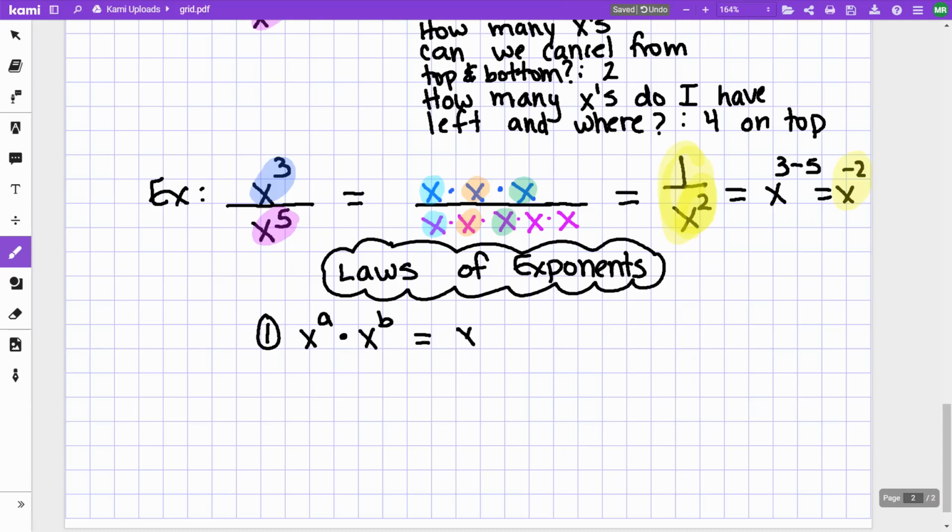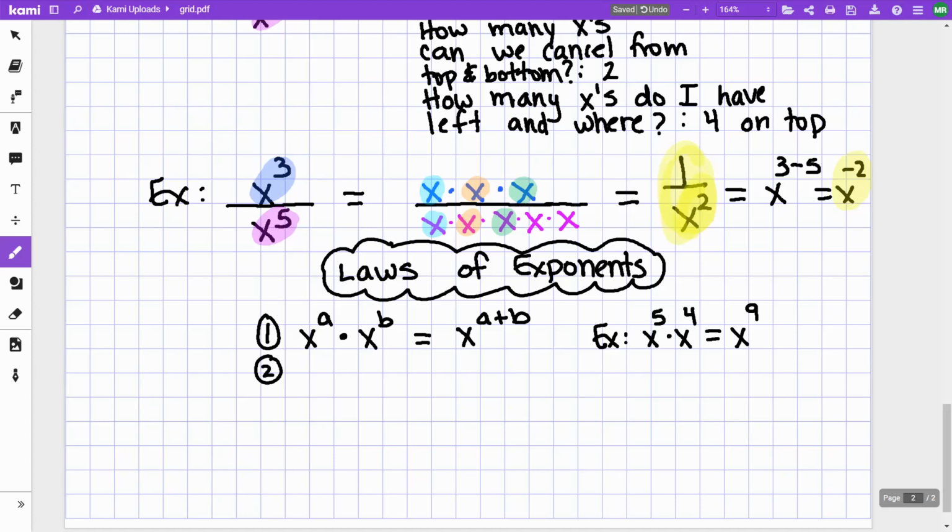What I do is I add the exponents. So an example, x to the 5th times x to the 4th would be x to the 9th. I add 5 plus 4.